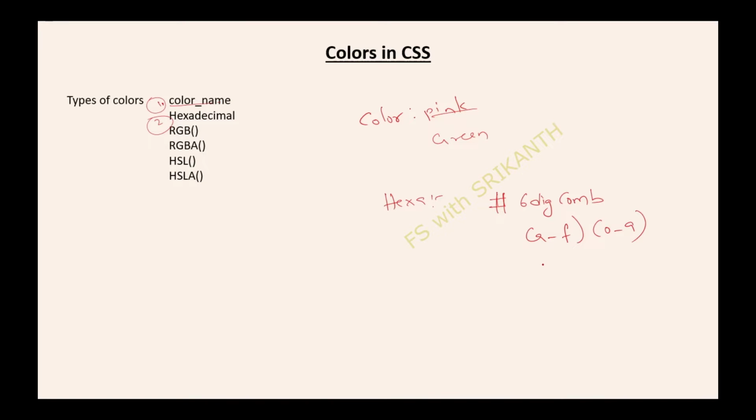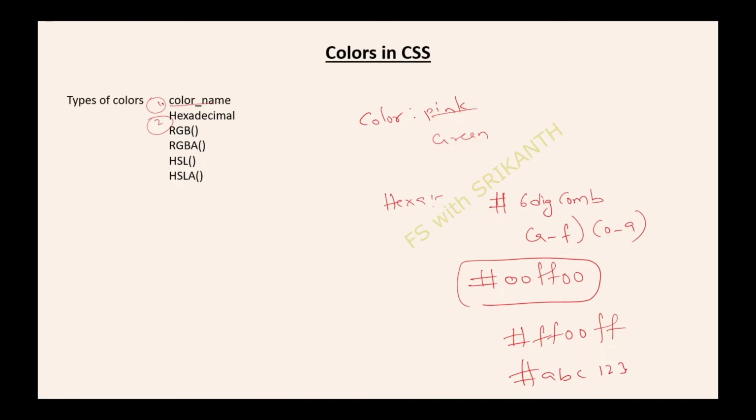Just observe, hash 00FF00, it is one color. And hash FF00FF, it is also one color. Hash ABC123, it is also one color. With the help of this combination, A to F and 0 to 9, we get one unique color.